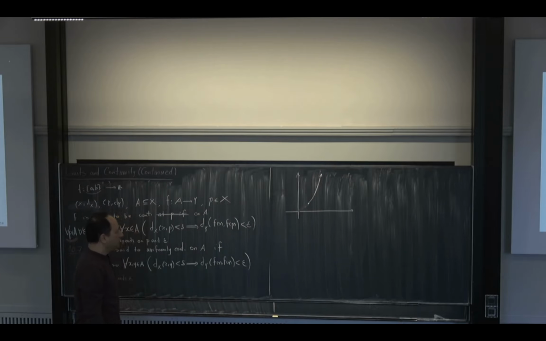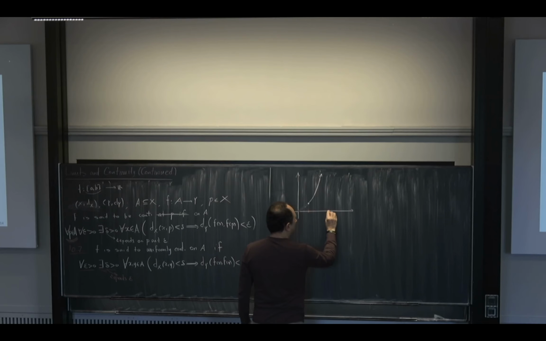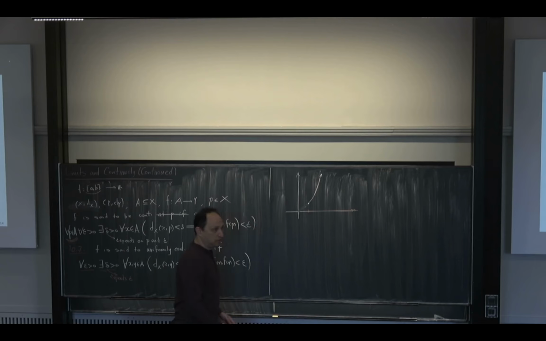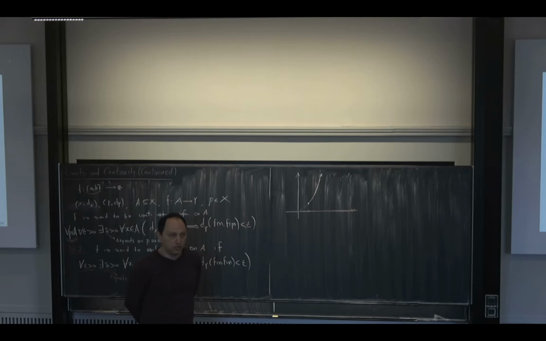So what I am trying to say is that if you have a function like this in the normal 2D dimensions, R squared, this is not uniformly continuous. What is the domain of this function? The domain of this function starts from here and goes up to infinity. I am telling you that this function is not uniformly continuous on its domain.